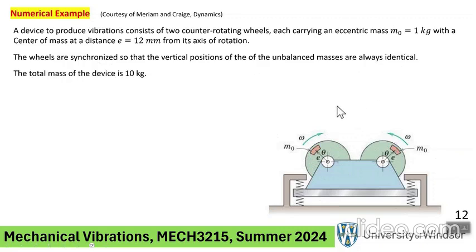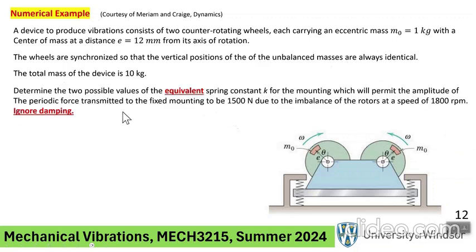Now, the total mass of this machine is 10 kilograms. And remember, there's M naught here and M naught there. It says find the two possible values of K. There is no damping here, you can see that. We're ignoring damping.